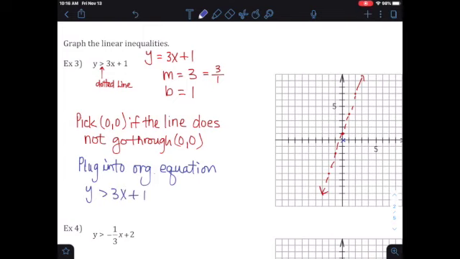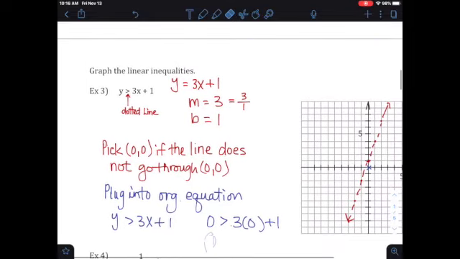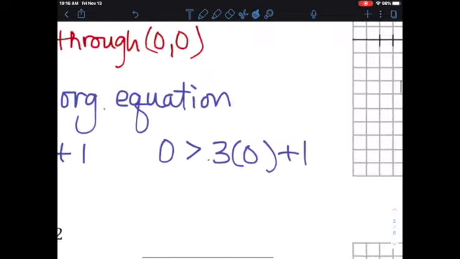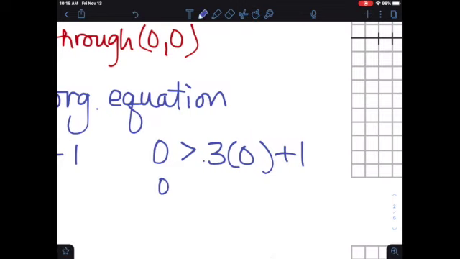I'm going to plug in 0, 0. So that's going to be 0 greater than 3 times 0 plus 1. Oh, sorry, no equal to. 3 times 0 plus 1 is 1. Is 0 bigger than 1? In this case, you say no.